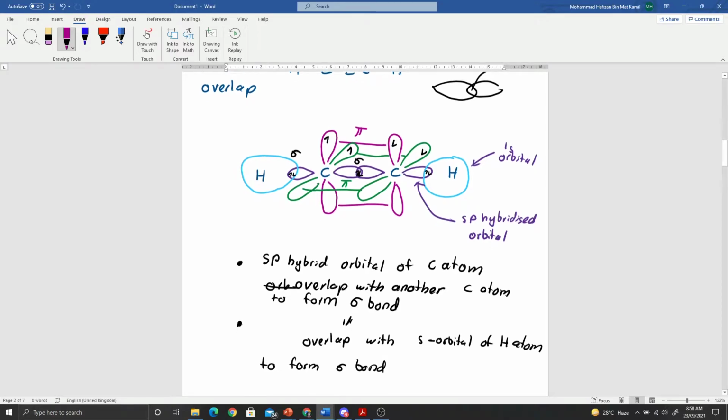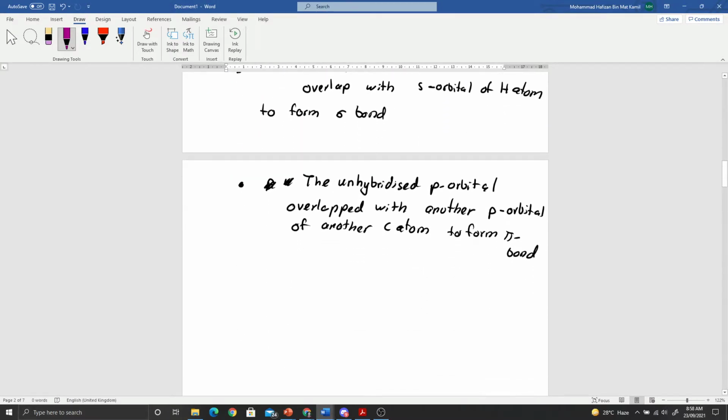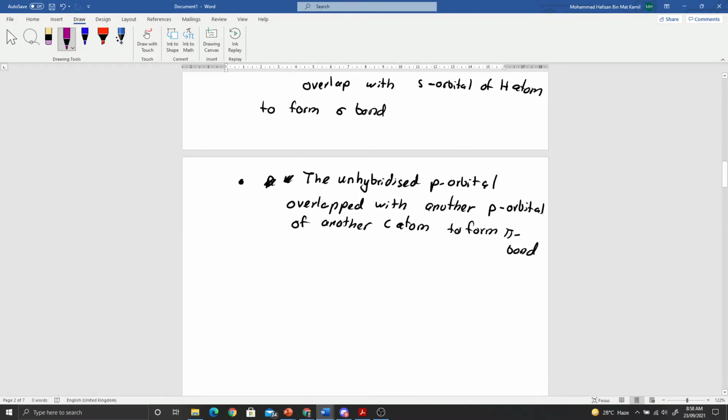Okay, and then after that, sometimes the question asks for the molecular geometry. So the geometry, how do we get it? For geometry you look at the hybridization. Okay, for geometry here we only look at the hybridization.